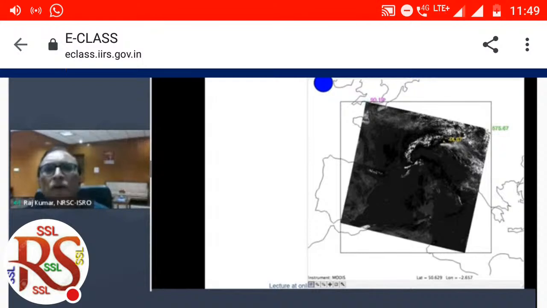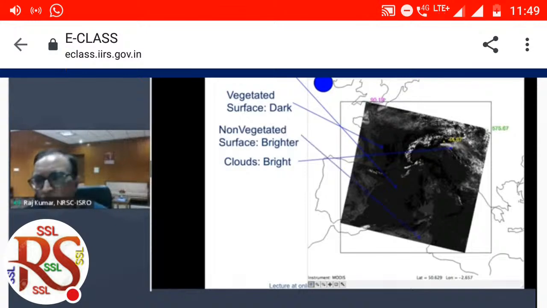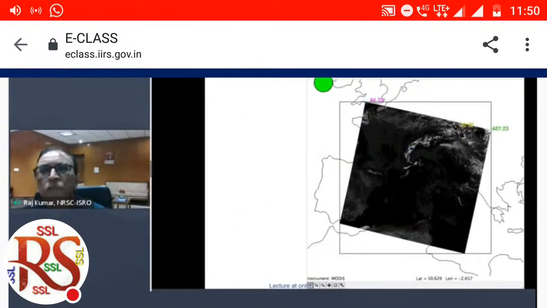Yeah, this is one example of how you see any particular area in different channels. In the blue channel, if you see, ocean is seen dark, vegetation is dark, cloud is seen bright, and non-vegetation, that is barren land type, is seen bright, and snow. So different combinations of targets you see in one particular band. If you go to another band, the green band, then you see them in a different way.